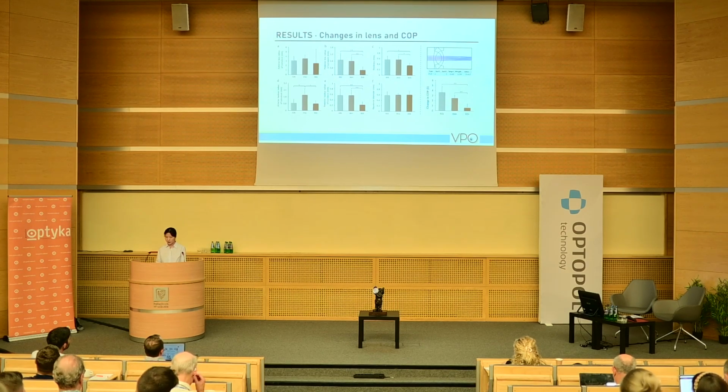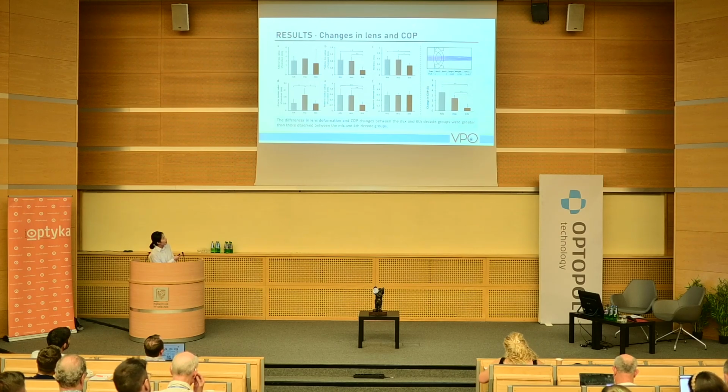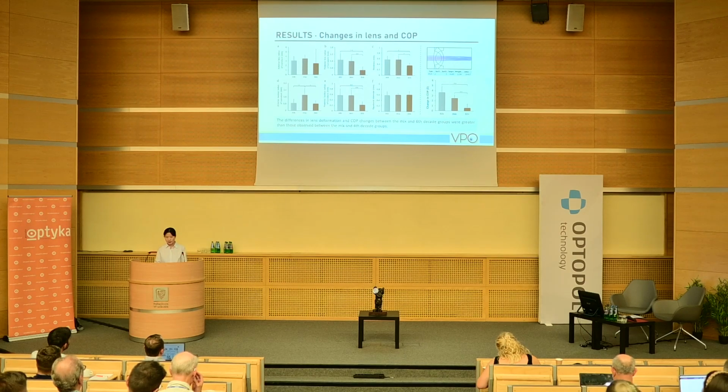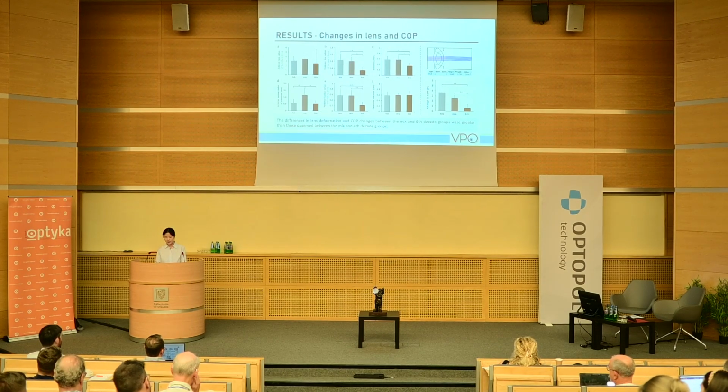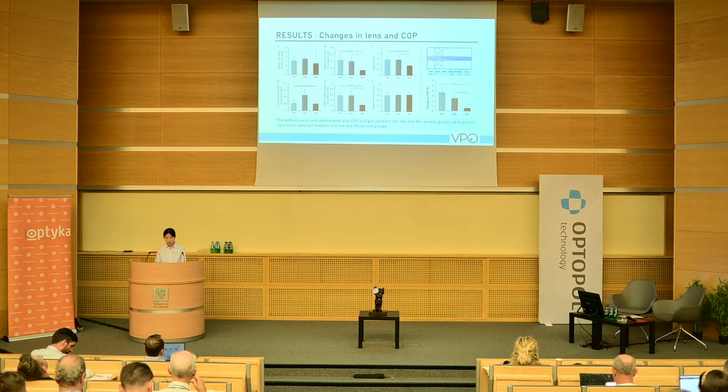The differences in the lens deformation and the COP changes between the mixed and 6-decade groups were greater than those observed between the mixed and other groups. This suggests that the lens material properties play a more significant role in influencing lens deformation and COP changes.